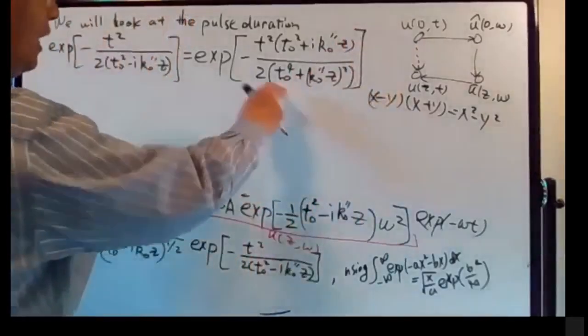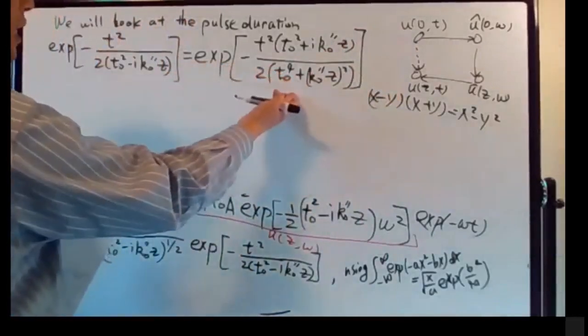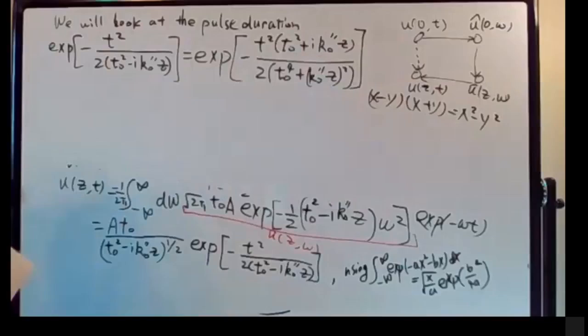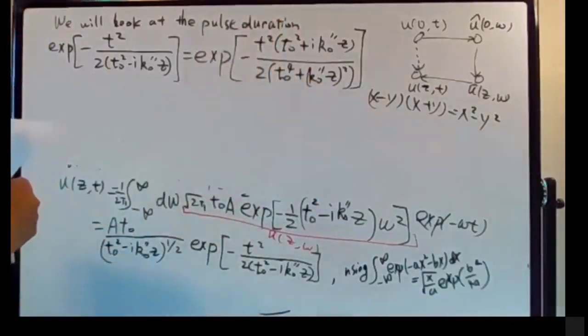So we basically remove the imaginary number in the denominator and move it to the numerator. And then we can separate out and just look at the positive side, right?